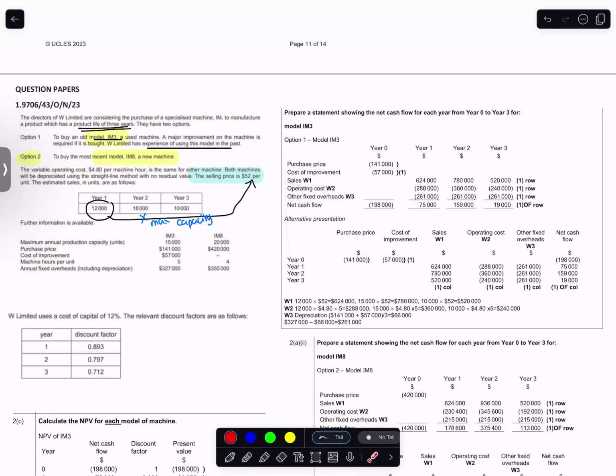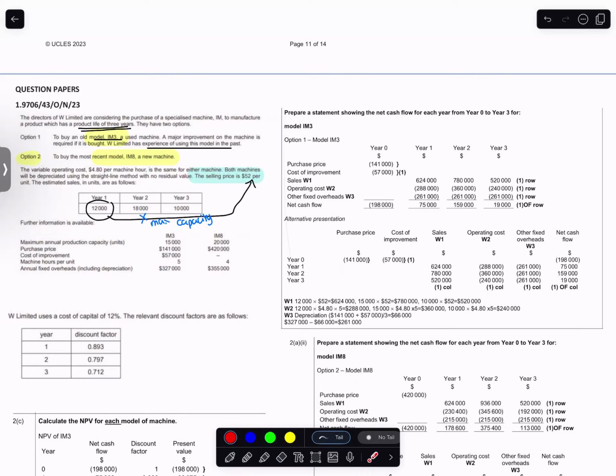So 4.80 into 5 and then into 12,000. For year 2, it would be 4.80 into 5 into 15,000. Year 3 would be 4.80 into 5 into 10,000. So this would be your operating cost.